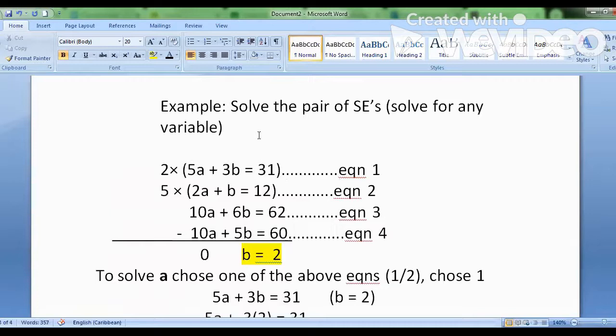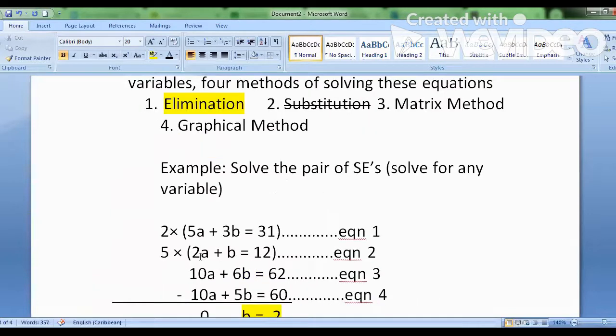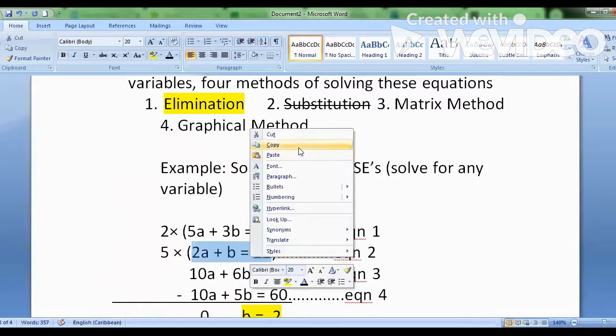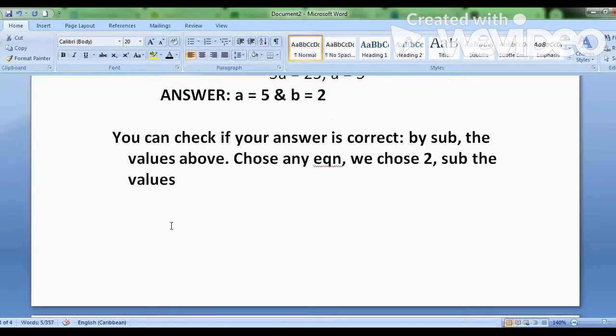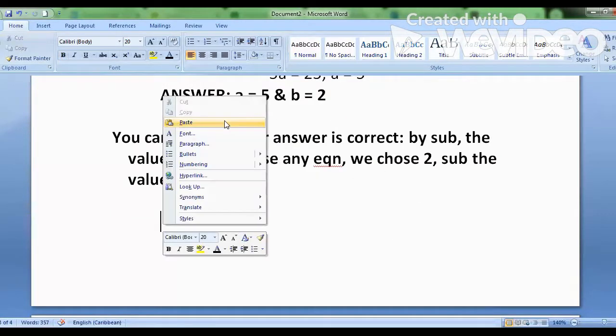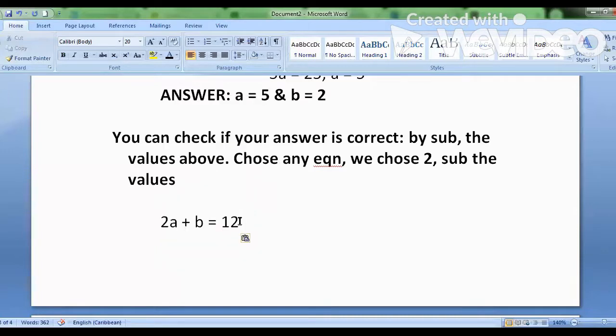What is equation 2? You could have chosen one again, but you can choose any one of them. So we put in the values. 2A means 2 times A. What was A? 5.